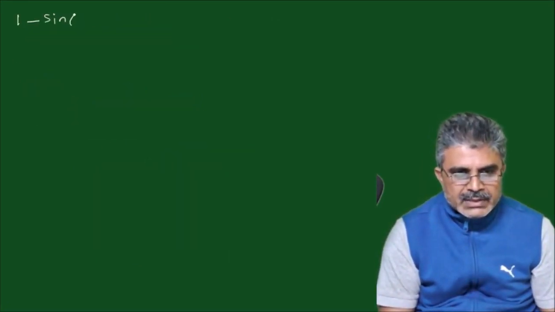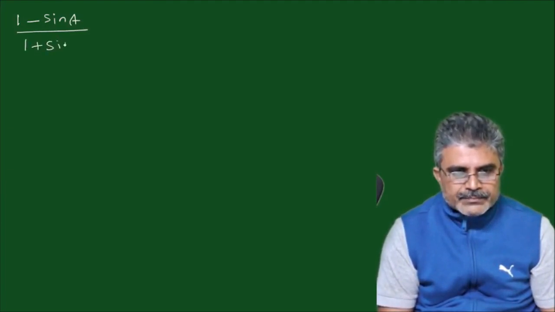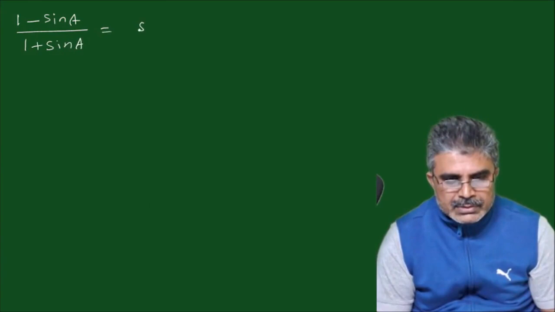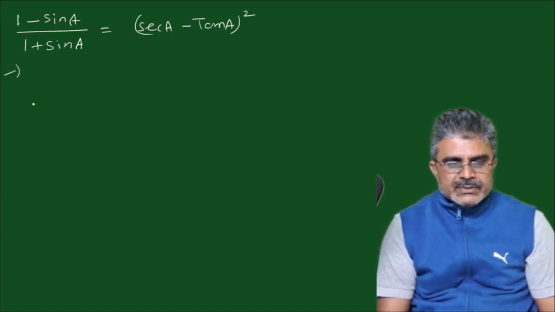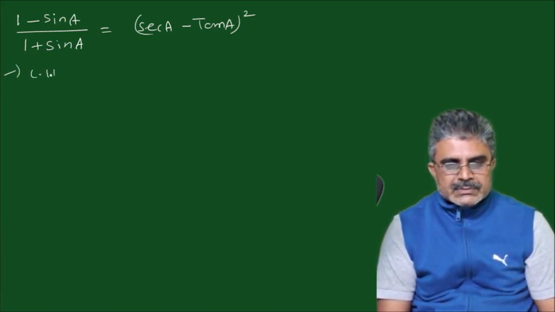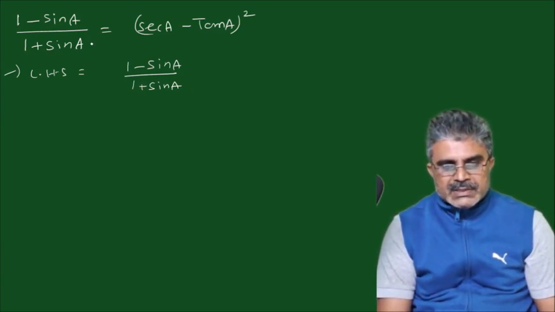And our next question is 1 minus sin A divided by 1 plus sin A, which should be equated to secant A minus tan A whole square. So consider the first one, LHS, which is equal to 1 minus sin A divided by 1 plus sin A. So the given thing on LHS side is in sine angles.